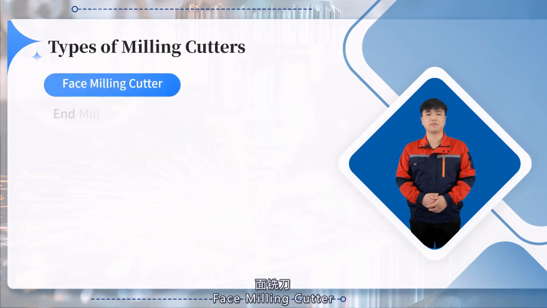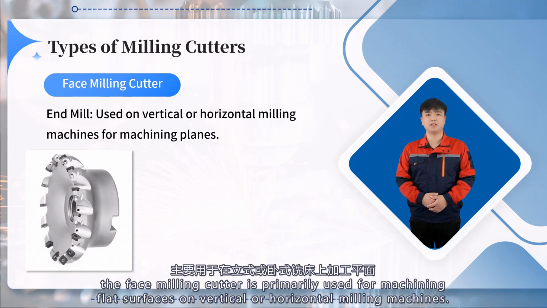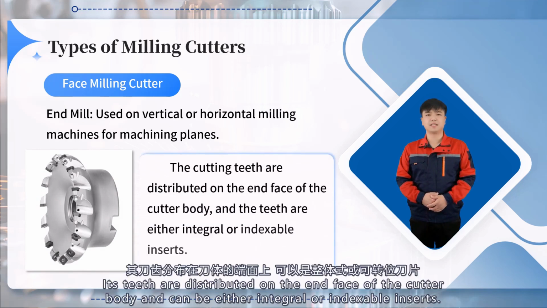Face milling cutter. Also known as an end mill, the face milling cutter is primarily used for machining flat surfaces on vertical or horizontal milling machines. Its teeth are distributed on the end face of the cutter body and can be either integral or indexable inserts.